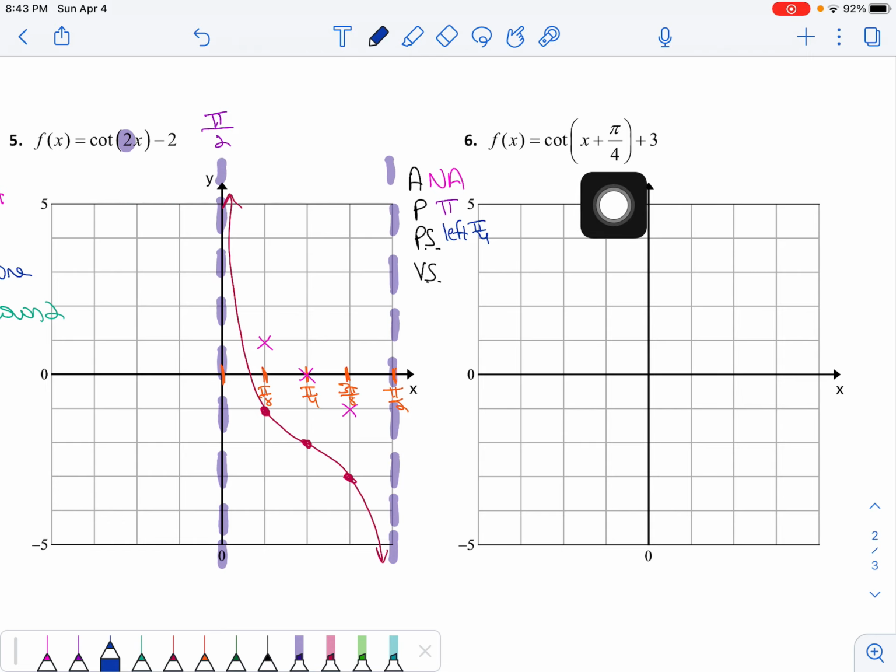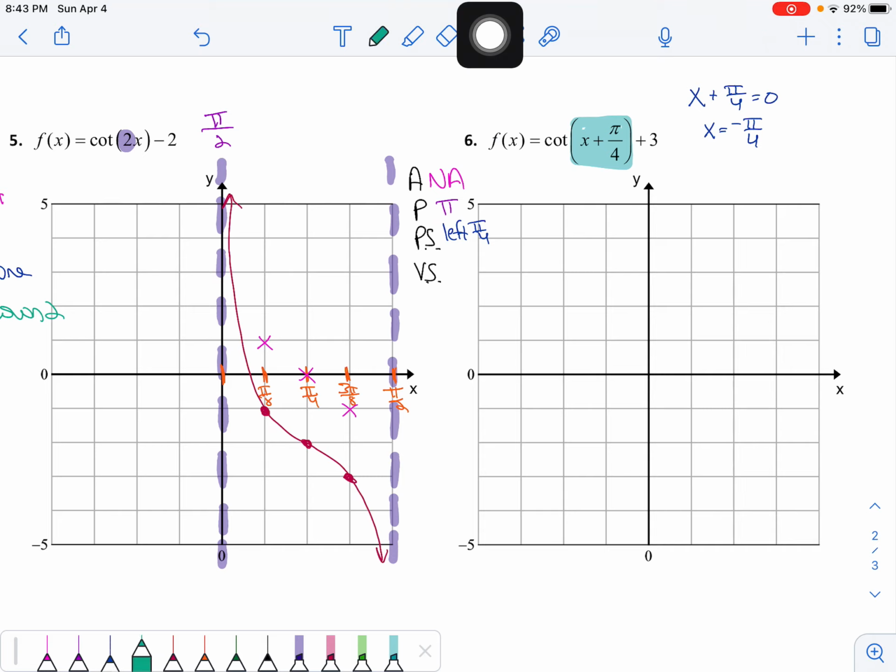So remember, when it says plus pi over 4, you can either flip the sign or remember to take this whole expression and solve for x. So if we did that, we would have x plus pi over 4 is equal to 0. So x equals negative pi over 4. The negative is what's telling me to push it to the left, and then pi over 4 is obviously pi over 4. All right, vertical shift, straightforward one, up 3.